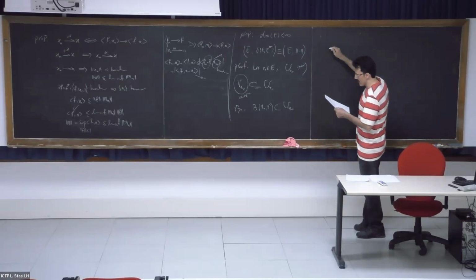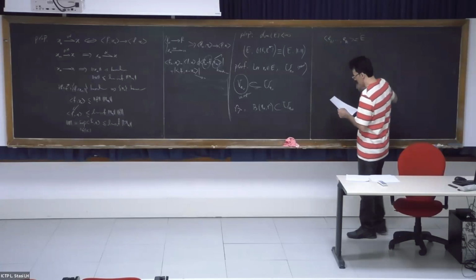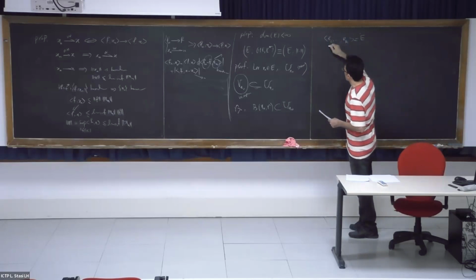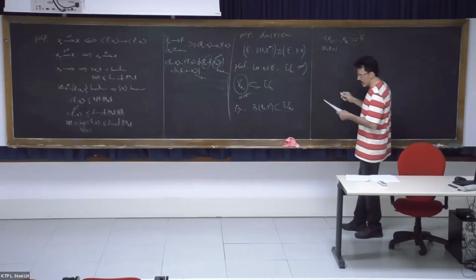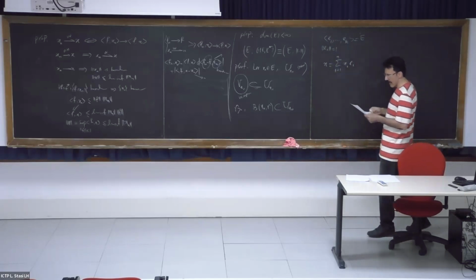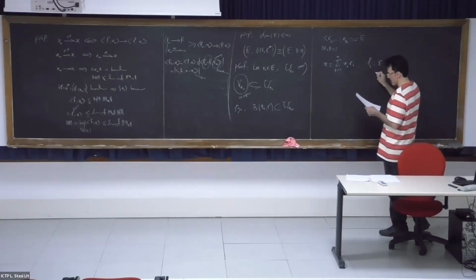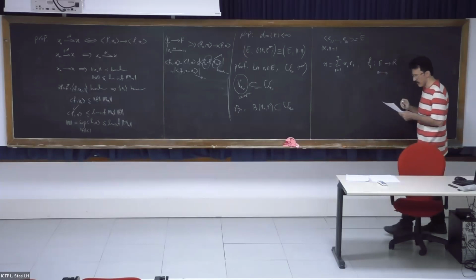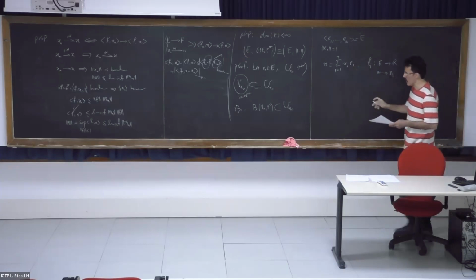For doing this, we consider a base like this for E, and then we may consider this space with norm 1, and we consider this decomposition of x, the sum of xi ei, for every element, and we define phi_i from E to R. For all x, the decomposition of x goes to the constant xi, this coefficient.